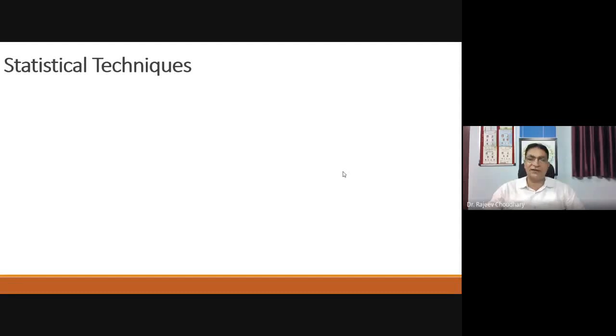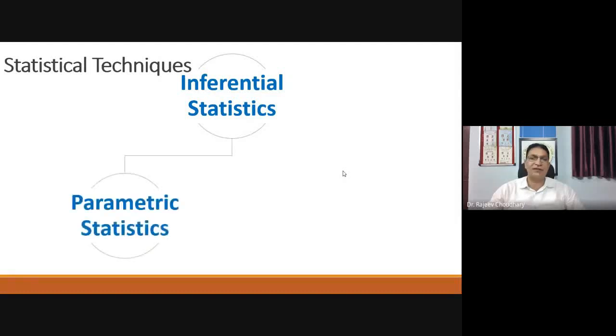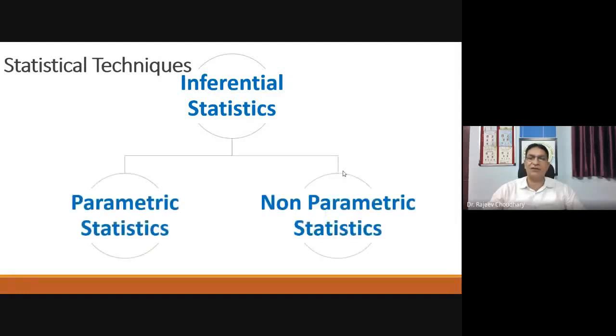These statistical techniques are known as inferential statistics, since after the analysis, by using these techniques, we draw inferences for conclusion purposes. Ladies and gentlemen, all inferential statistics, or all statistical techniques, are divided into two categories: parametric statistics and non-parametric statistics.